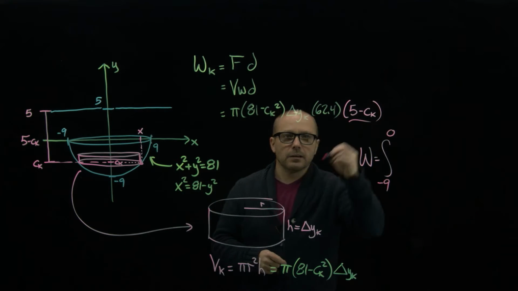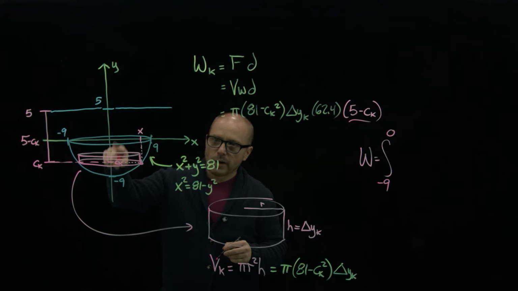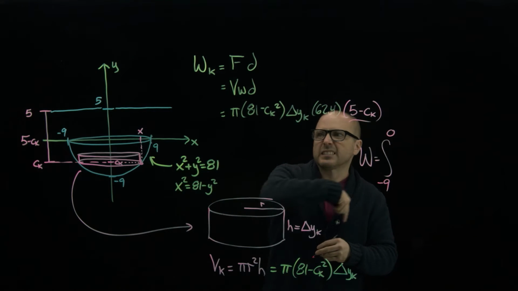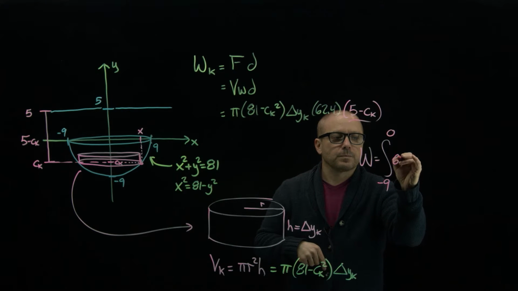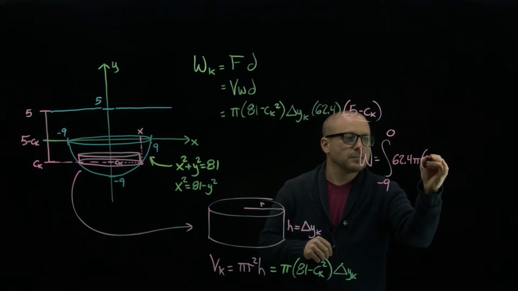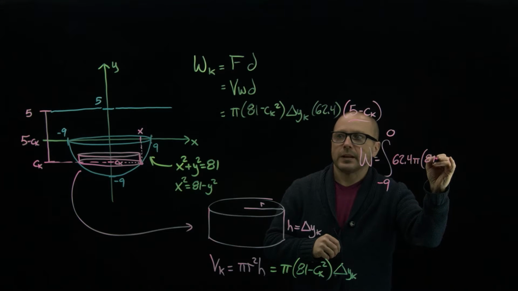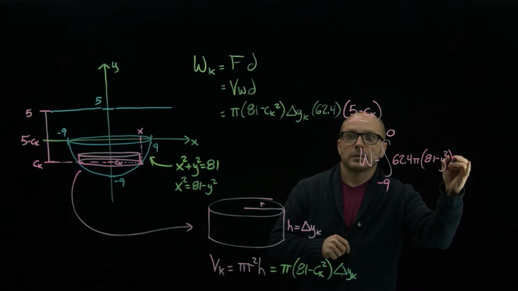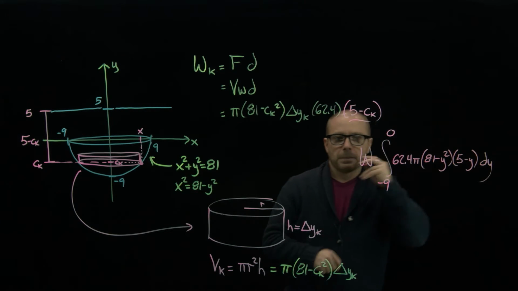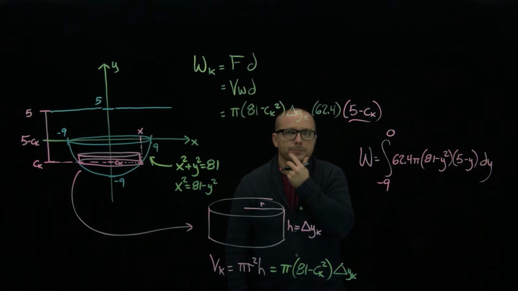It comes into play here, but it's not where we're integrating. We're integrating up the slices there. Okay, and then all of this, 62, kind of rearrange things into a nicer order, but make sure I get everything in there. And there's our integral.